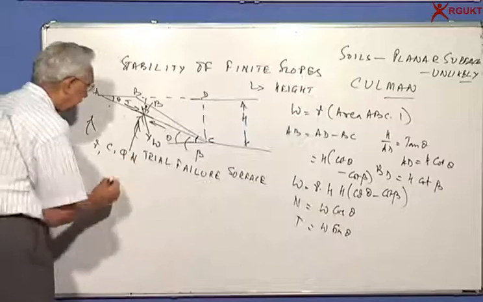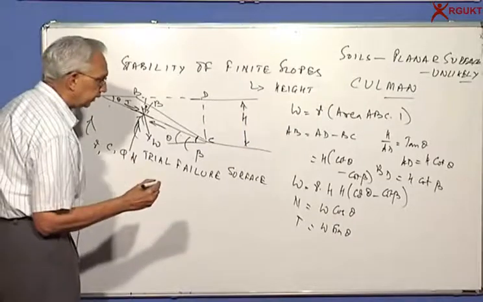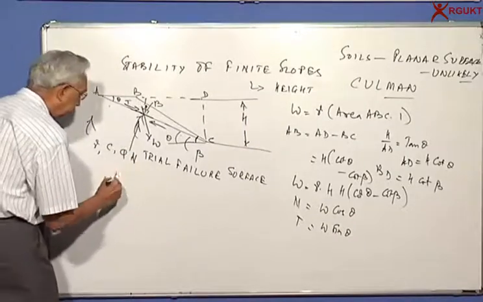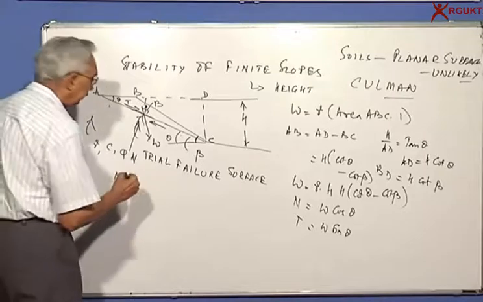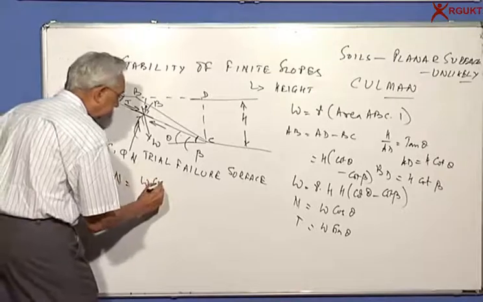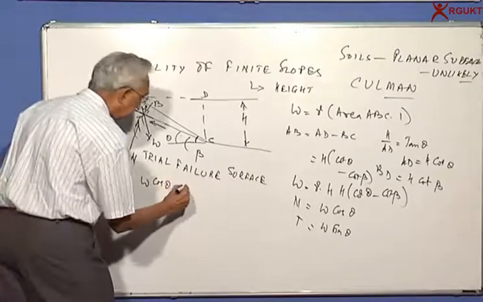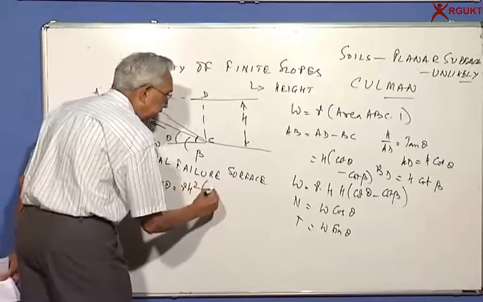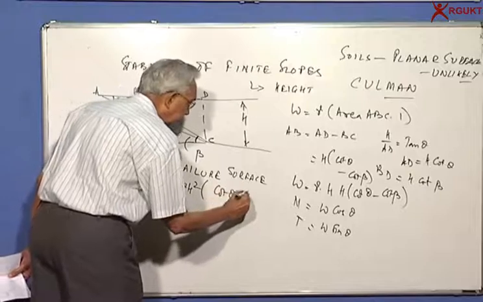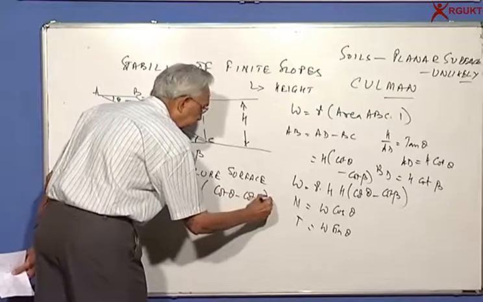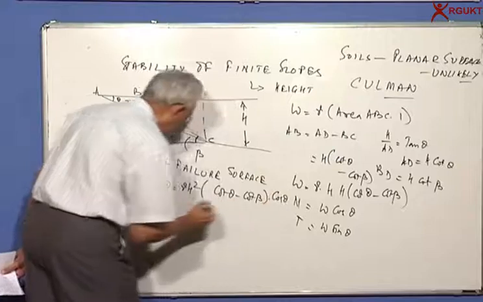So the normal force is W cos theta, which is equal to gamma h square into cot theta minus cot beta into cos theta.